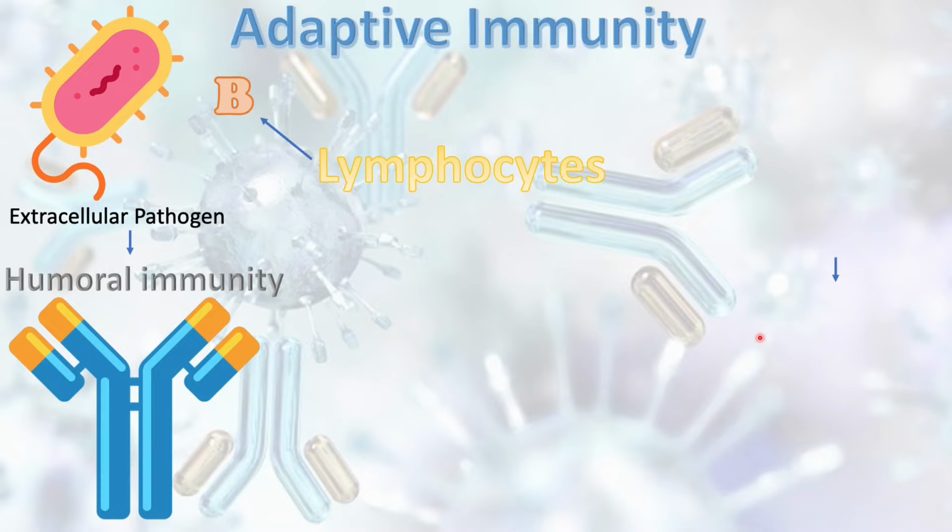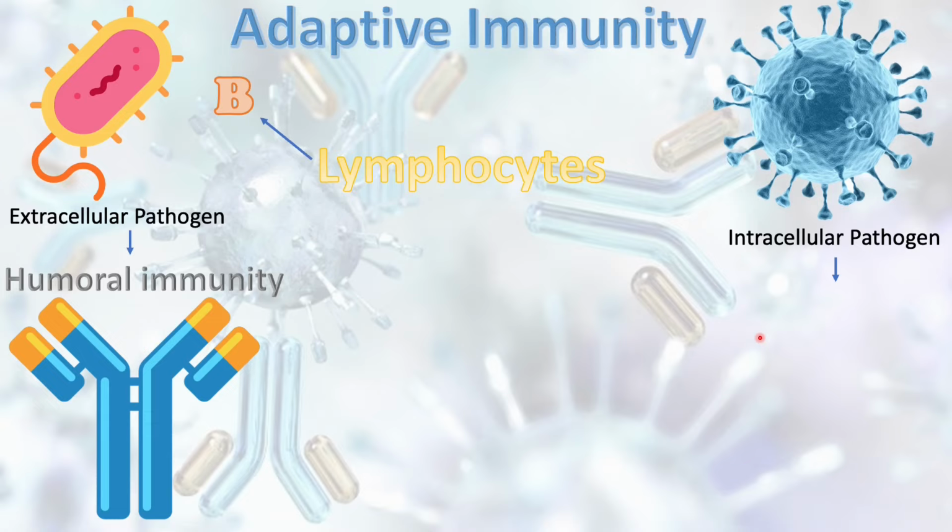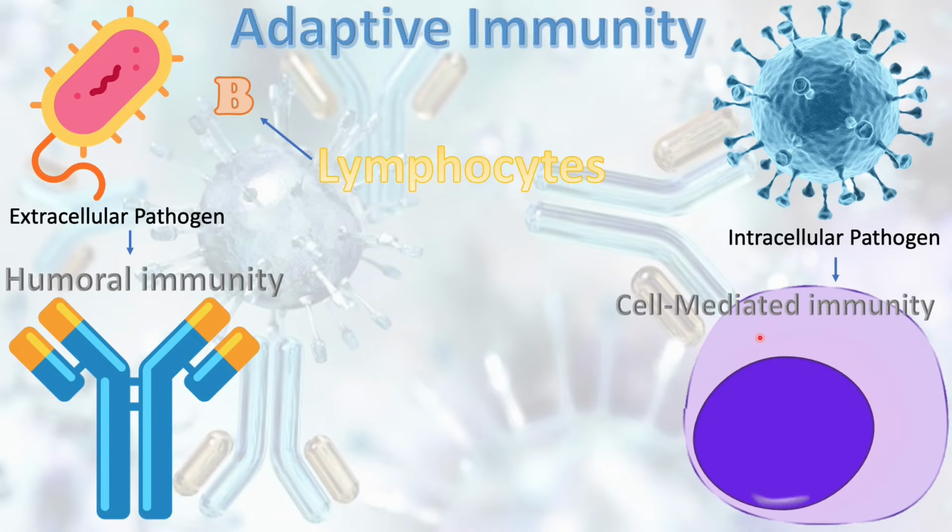But what if this pathogen, maybe a virus for example, is intracellular? It lives inside cells. In such a case, in order to kill the virus, I have to kill the cell that it has infected. So this is called cell-mediated immunity. And this is mediated by cytotoxic T lymphocytes. So cell-mediated immunity is for intracellular pathogens. Humoral immunity is for extracellular pathogens.